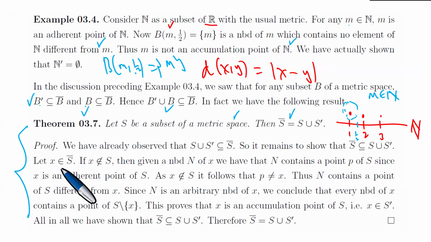So let X be an element of the closure of S. If X is not in S, then given a neighborhood N of X, this neighborhood contains a point P of S, since X is an adherent point of S. As X is not in S, it follows that P is not equal to X. Yes, P and X are different.